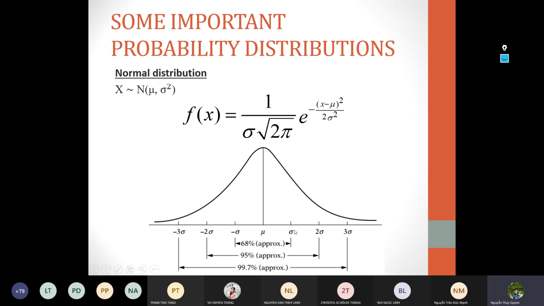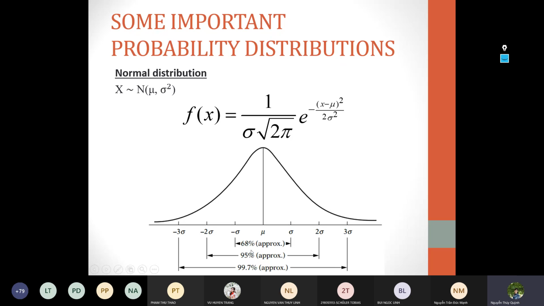So 68% of the observed values of x, for example, when x follows a normal distribution, will fall into the range from mu minus sigma to mu plus sigma, which is plus or minus one standard deviation from the mean.